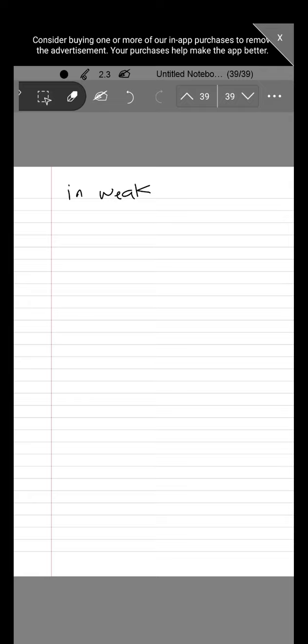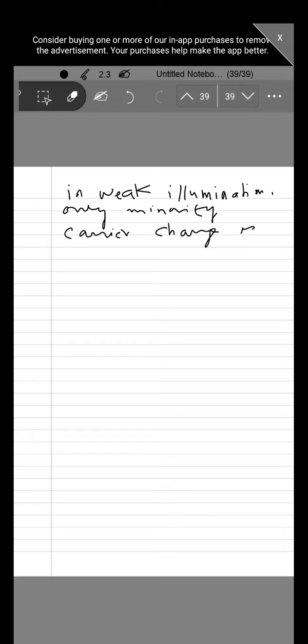So in weak illumination, only minority carrier concentration change is considered.